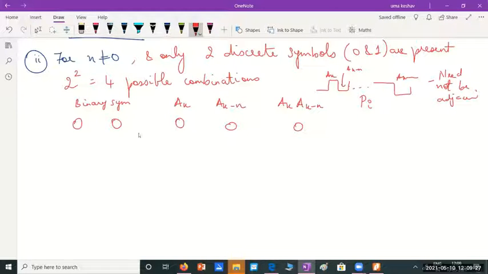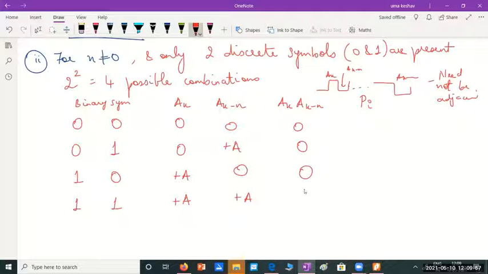The probability we will write later. 0, 1: this amplitude will be 0, this amplitude will be plus A, but again the product is 0. 1, 0: this will be plus A, 1 is represented with plus A, 0 is represented with 0, product is still 0.